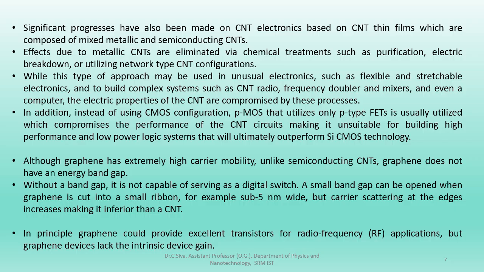Graphene, although it has very high mobility, does not have any natural band gap, so it cannot act as a digital switch. Cutting graphene into narrow ribbons introduces scattering, making it inferior to CNTs for logic devices.